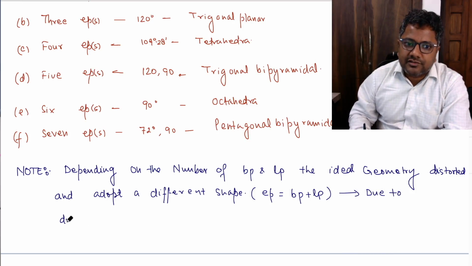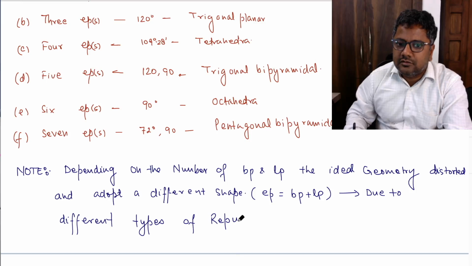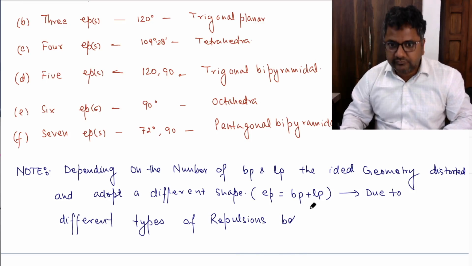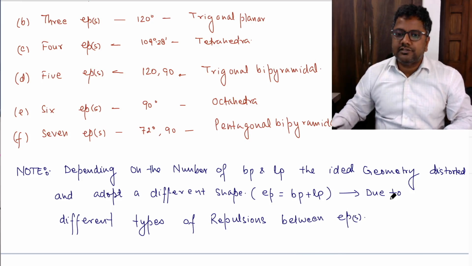And this is due to different types of repulsions between electron pairs, right?